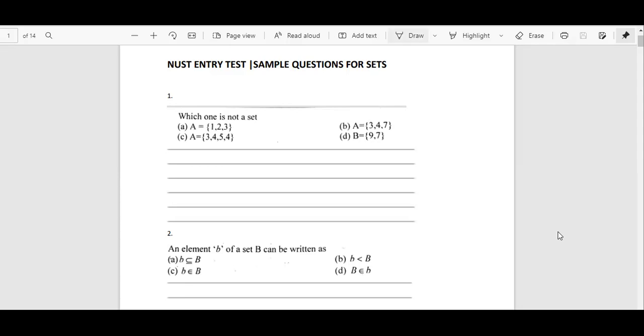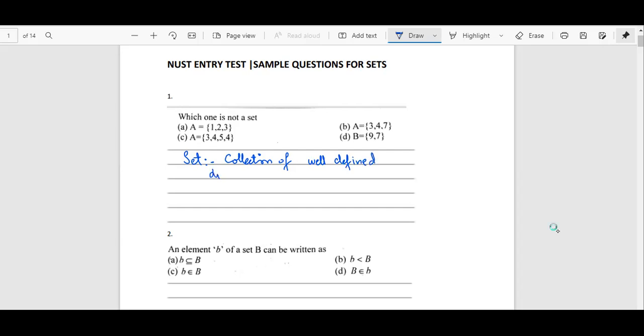Before thinking about it, let's just write down the definition of sets. Okay, so if we define set, we can write set is basically a collection of well-defined, distinct objects.